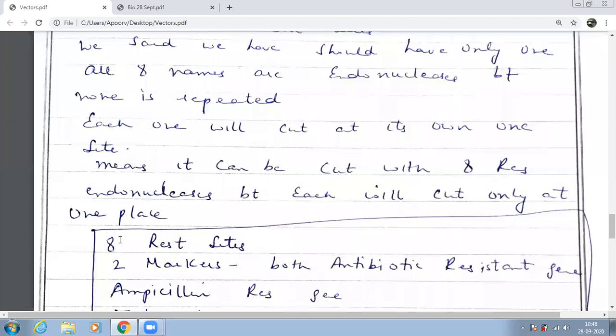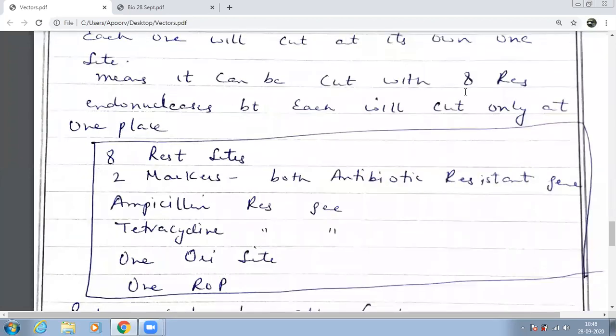So now we come to the 1 marker questions, which I put in a box. These are very important. We are going to learn them very quickly. How many restriction sites in pBR322? 8. I'll try to make you learn in the class only. How many markers? 2 markers, and both of them are antibiotic resistance genes, that is ampicillin resistance gene and tetracycline resistance gene.